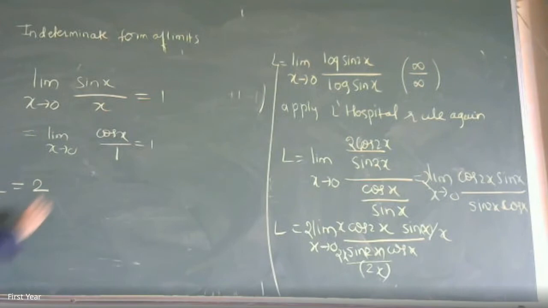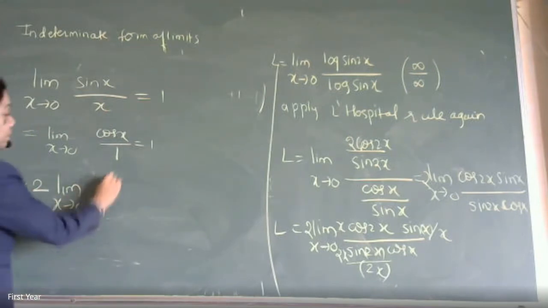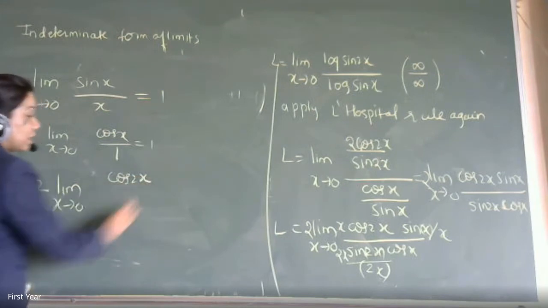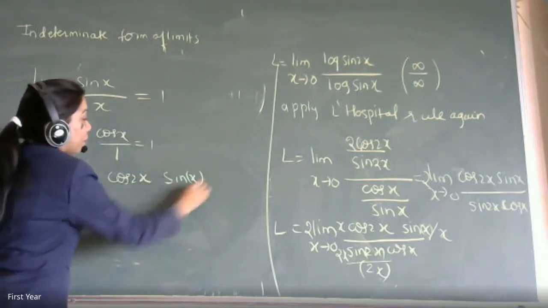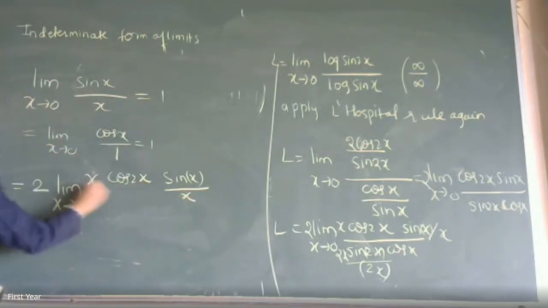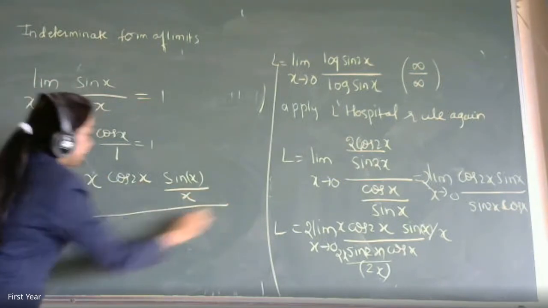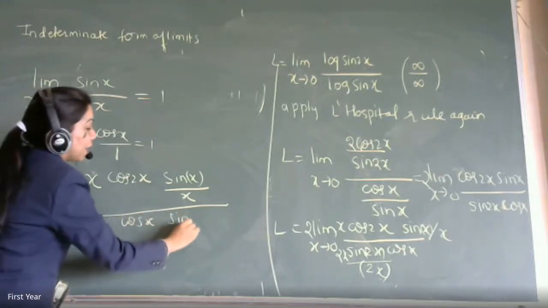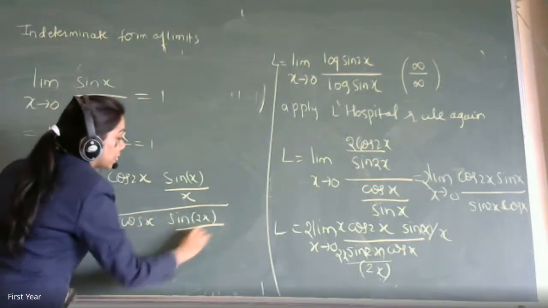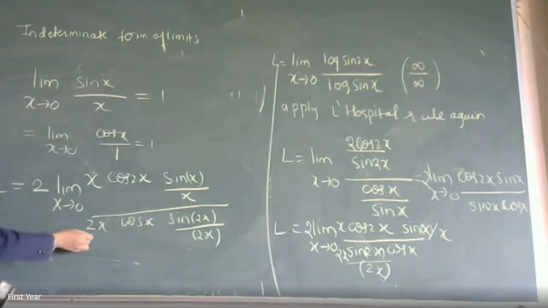That's why the question, limit as x tends to 0, will now become cos 2x and sin x upon x. Here I have divided by x extra, so I multiplied by x. Cos x, there is no problem. Sin 2x, I divided by 2x, therefore I multiplied by 2x.